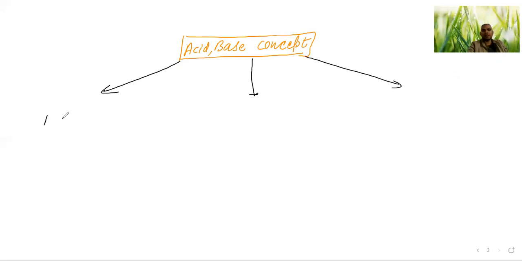The first one is the Arrhenius concept of acid and base.